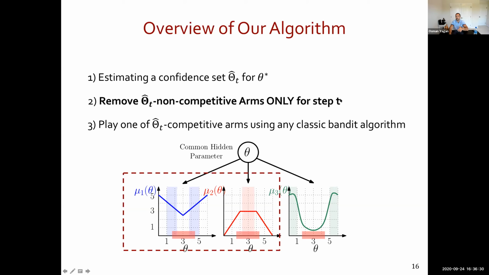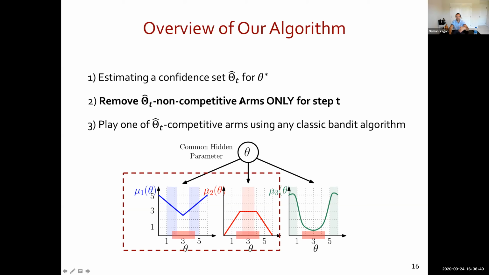It's just a one-step elimination of the corresponding arm, which happens to be not optimal within the confidence region that you currently have for theta. And if you eliminate those that are non-competitive, that do not pass this criterion in the second step, you go to the third step and play any algorithm of your choice among the remaining arms.